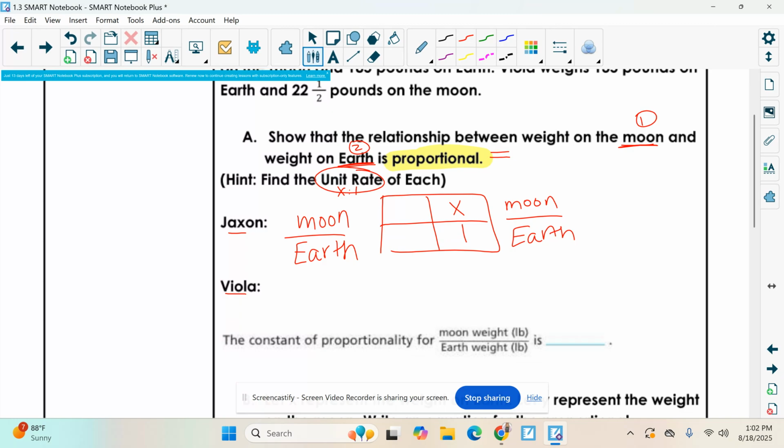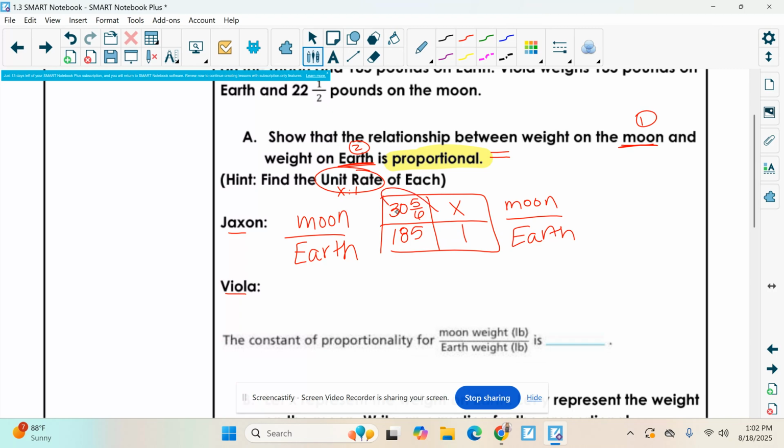So how much does Jackson weigh on the moon if he lived on the moon? 30 and 5/6. And how much does he actually weigh on the earth? 185 pounds. What am I going to do to solve?